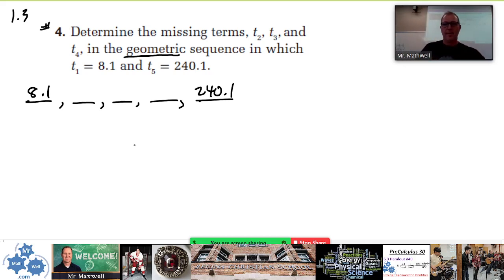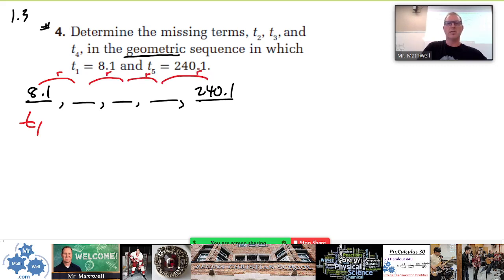Okay. So to me, that helps me understand that if I wanted to go from 8.1, which is T1, to this one right here, I would have to multiply 8.1 times R once, then times R again, and then times R again, and times R again. Does that make sense?